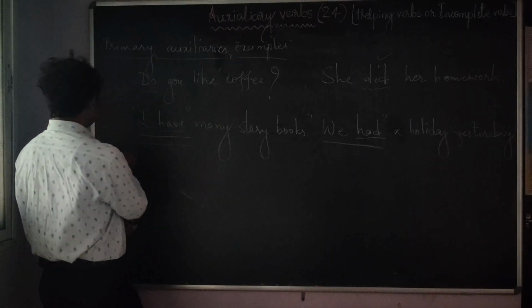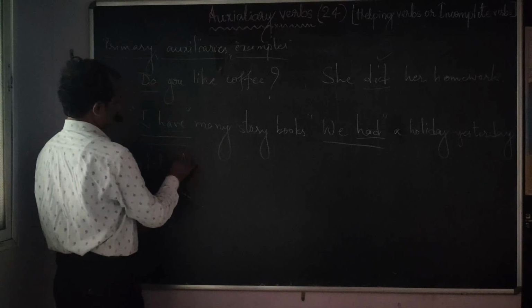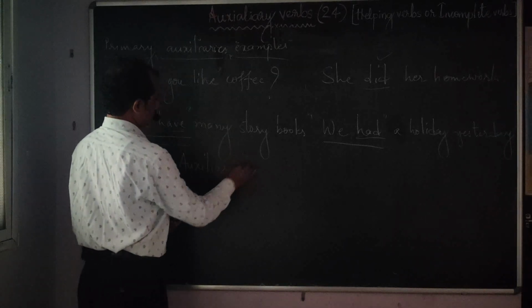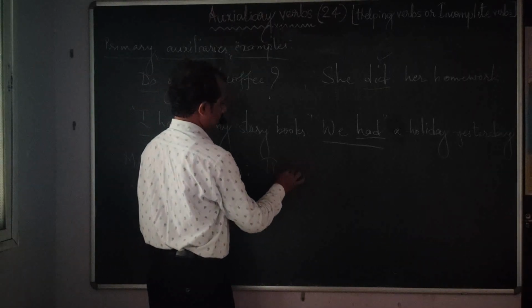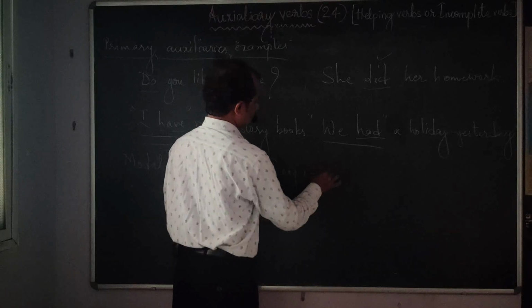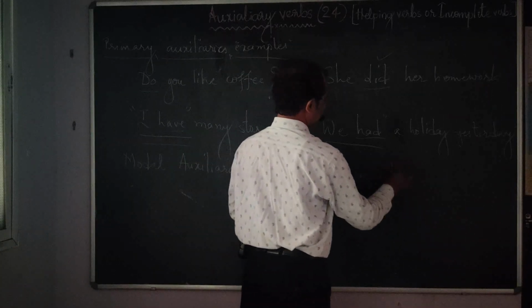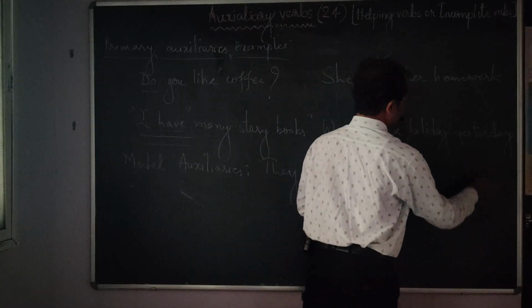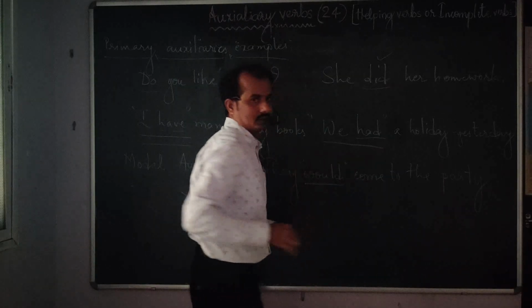Next, modal auxiliary examples. They would come to the party. Here, would is used for willingness.